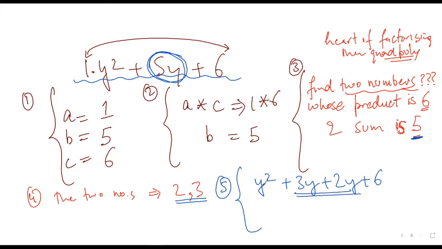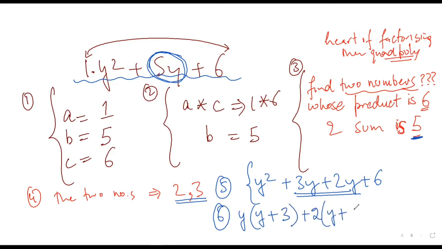Yes. Now this is my step number 5. And what will be my step number 6? I will write this taking common factors like this. Is it making sense, Mr. Sarthak? What is step number 5?